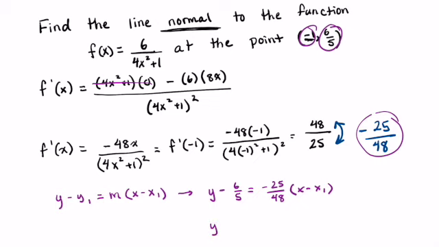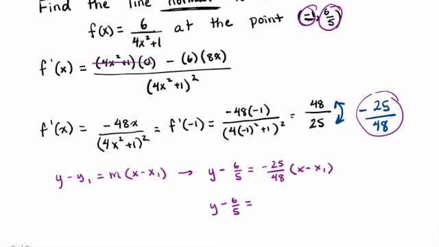So we get y minus 6 over 5 equals negative 25 over 48 x plus, oh, I'm sorry, I didn't plug in here. I should have plugged in my -1, which is actually going to be +1. So when I multiply -25/48 by 1, we're going to get -25/48. And now I'm going to add 6/5 to both sides.